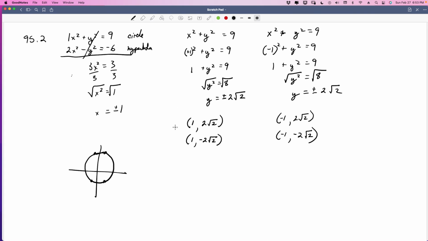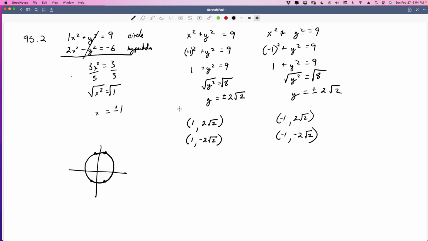All right, so that is the last problem and the last illustration that I have for lesson 95. Basically, what you need to do is look at the system of equations that you have, see what you can do, whether you can eliminate or whether you need to figure out a substitution method to solve.